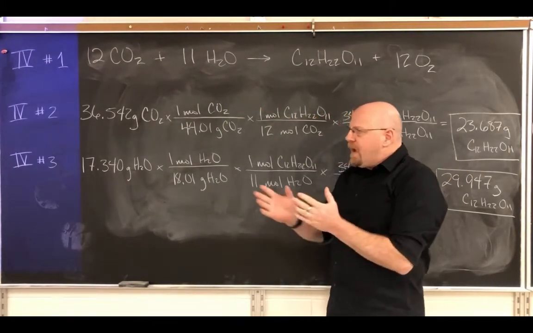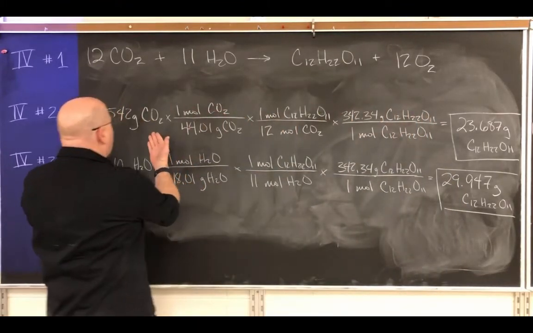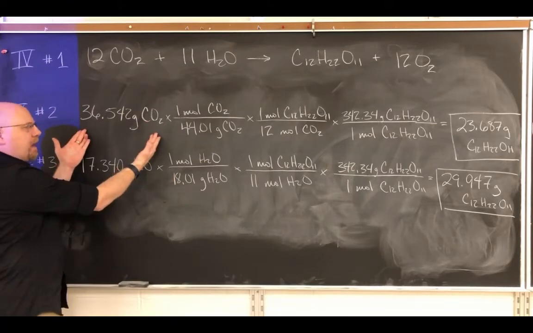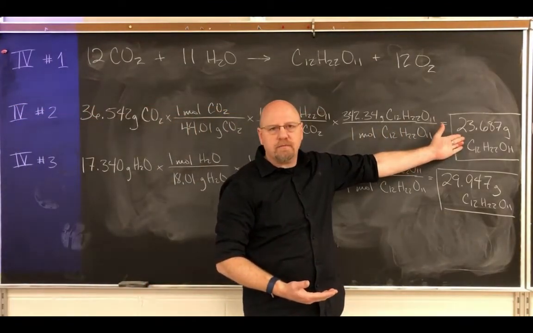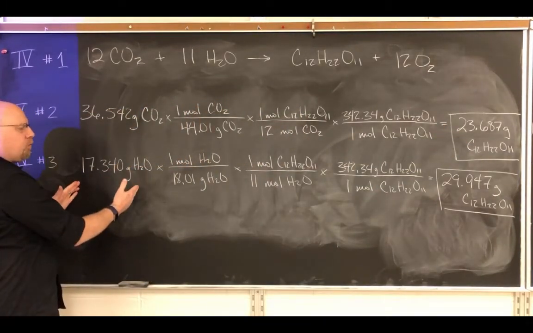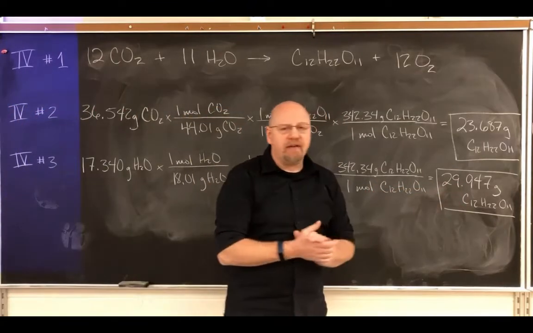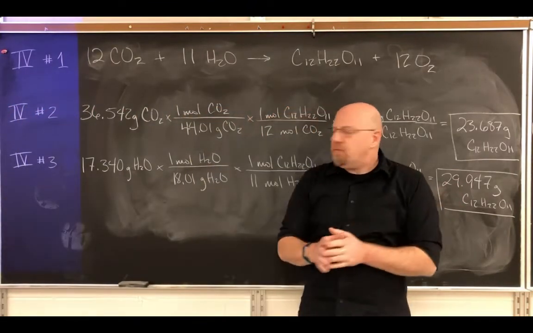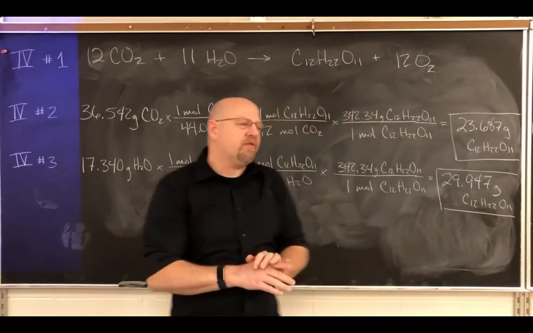Based on our calculations, this amount of carbon dioxide is going to make this amount of sucrose, reacting with the water, but the water could make 29.947. Now, some people would say, well, you just add those two together. No. We don't add those together.